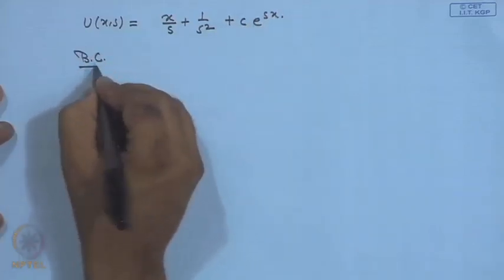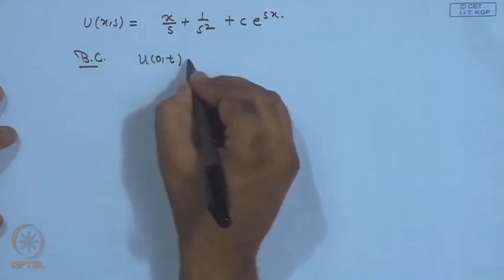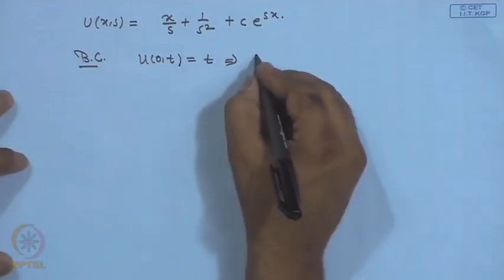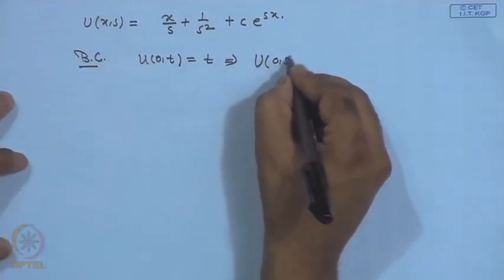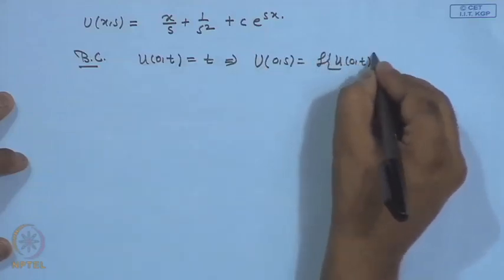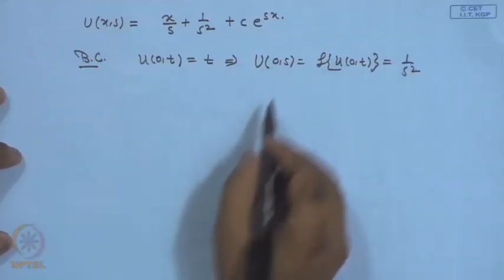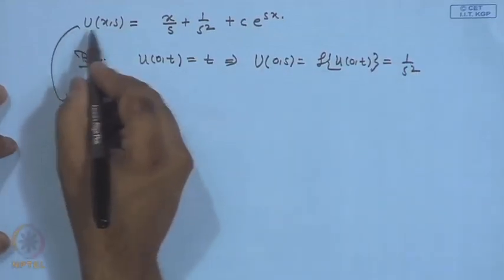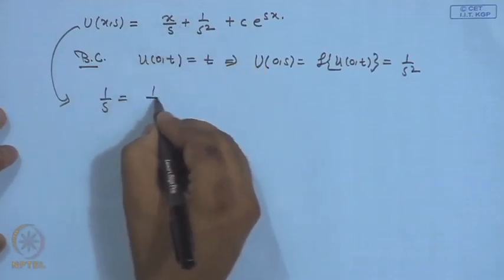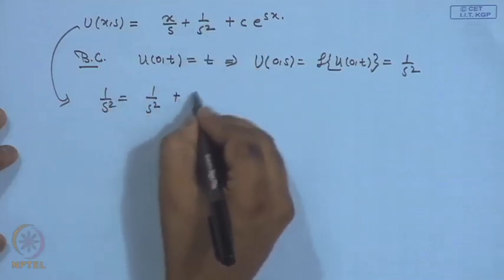Now we have to use the boundary condition. So u at x equal to 0 is t, and if we take the Laplace transform on both sides, we get U(0,s), the Laplace transform of u(0,t) which is t, equal to 1 over s squared. If we go back to the equation and put x equal to 0, we have 1 over s squared plus c.